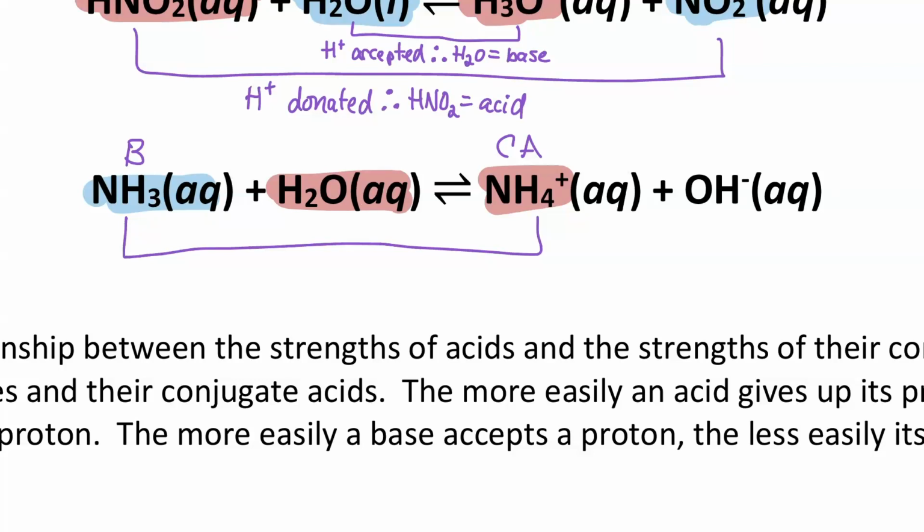If ammonia is the base, water has to be the acid. If we look at what happens, it donates, and we're left with hydroxide, OH minus, which means that's the conjugate base.